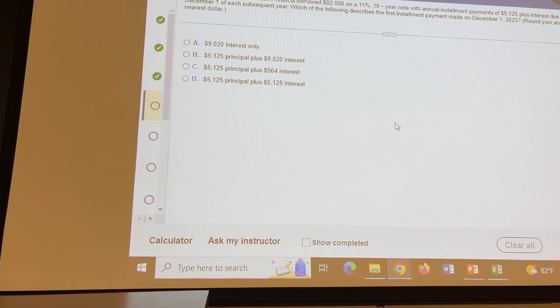Okay, Garden Products borrowed $82,000 on 11% 16-year note with annual installment payments of $5,125 plus interest due on December 1st of each subsequent year. Which of the following describes the first installment payment made on December 1st, 2025?